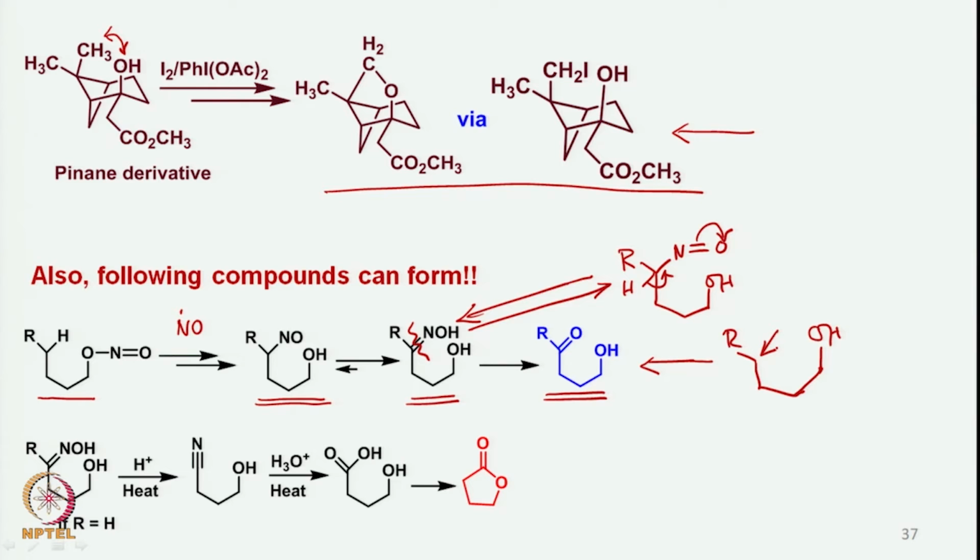Now one can also do that if, for an oxime of this type, R is equal to hydrogen, then we can also do the dehydration. That means if this R is hydrogen instead of any alkyl group or phenyl group, we can do the dehydration under acidic conditions and heat, and one can get the corresponding nitrile, which can be hydrolyzed to the corresponding acid. Then if we use acid here and heat it and remove water, one can get the corresponding lactone.